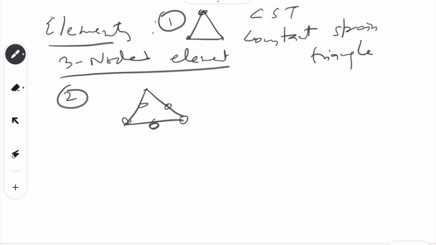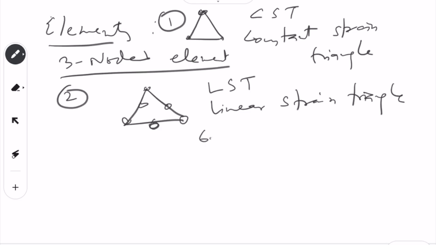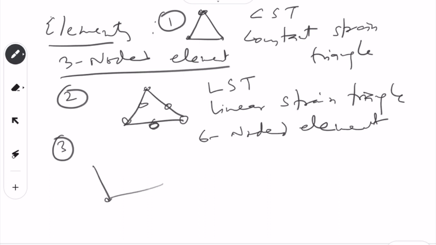It is called the linear strain triangle, or also called the 6 noded element. Number 3 could be a quadrilateral element, like we have done.